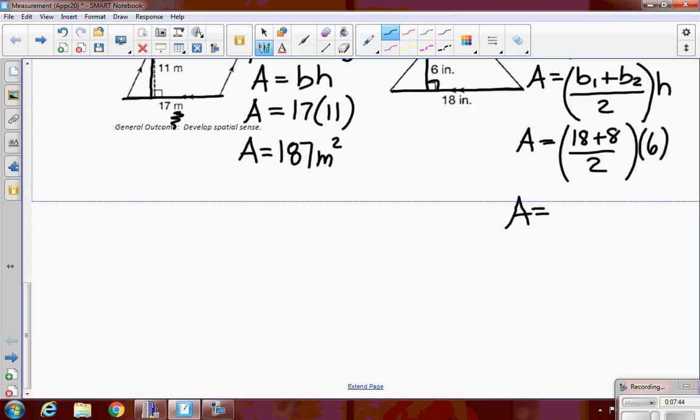So we have 18 plus 8 divided by 2. Again, a calculator can help you. That works out to be 13. Multiply that by 6. The area of this trapezoid is 78 square units, and we can see our units are inches. So this is 78 square inches.